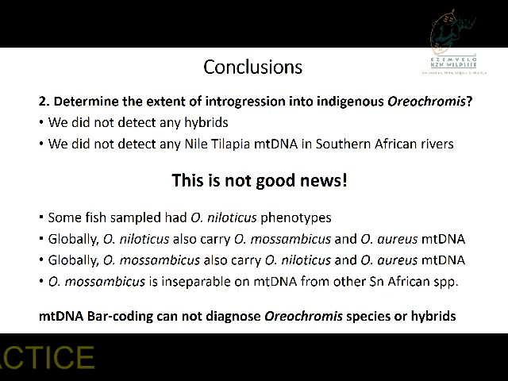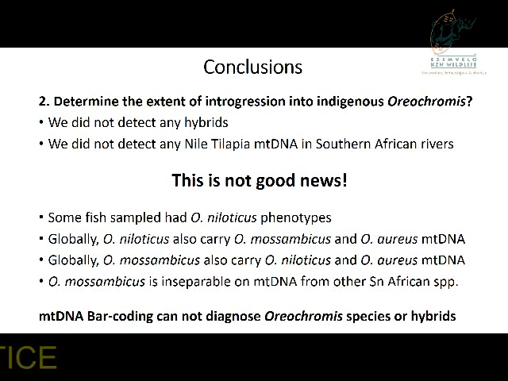We did not detect a single hybrid in the whole study. And the reason we didn't detect a hybrid is because we were looking at a maternally inherited marker. You get mitochondrial DNA from your mother. All standard barcoding is based on mitochondrial DNA. And the method simply isn't capable of identifying hybrids, particularly if the father of the hybrid is the invader rather than the mother.